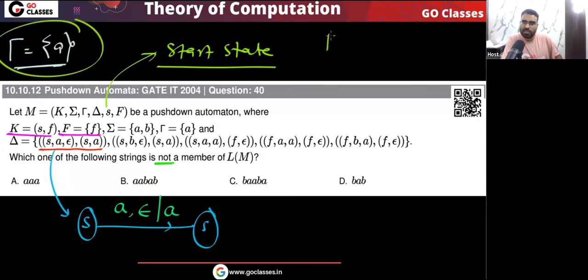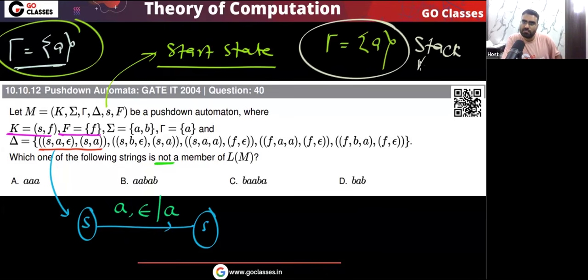What is this symbol gamma? This is your stack alphabet, meaning what you can put on the stack. On the stack we can put only the symbol A. So this transition means that if your current state is S, then the next state will be S. On the input string you are reading symbol A. On the stack I am not reading any symbol, and I am pushing the symbol A on the stack.